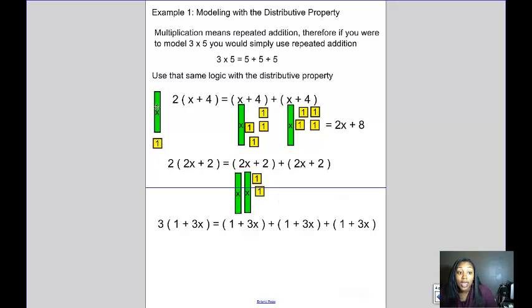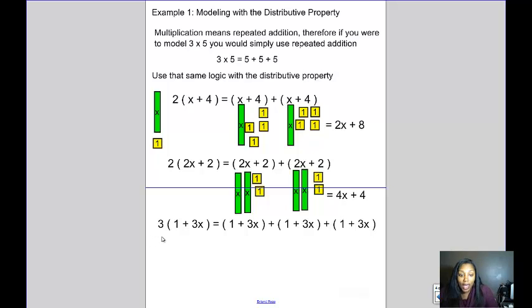And then if I did that again, I have 2 more x's, and again I add that with my 2 whole numbers. And if I were to total all of this up, I can put the x's together, which gives me 4 x's. And then I can put all 4 of these yellow tiles together, my 1's, and I would end up with 4x plus 4.